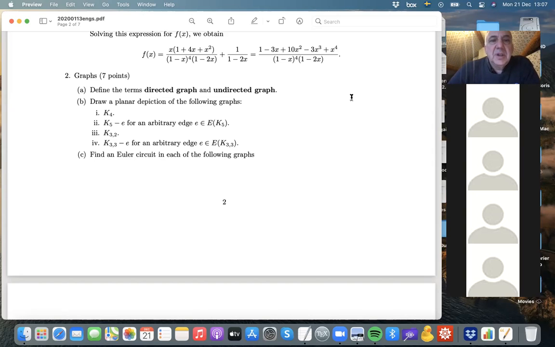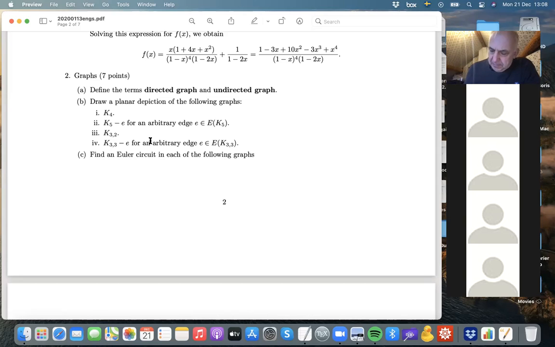Now the next exercise is: find a planar representation of the graph K4, the graph K5 minus an edge, the graph K32, and the graph K33 minus an edge. Okay, so this is related to what we discussed.